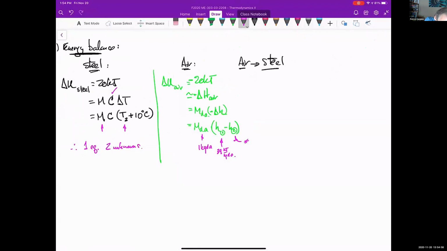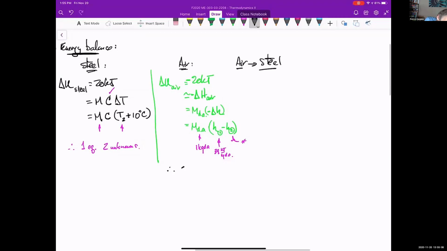Right, because our equation is 20 kilojoules is equal to MdA times H1 minus H2.